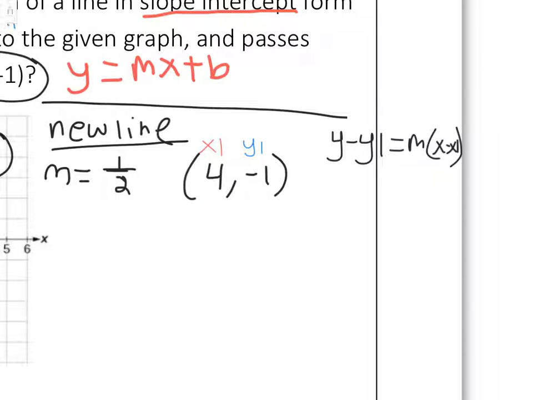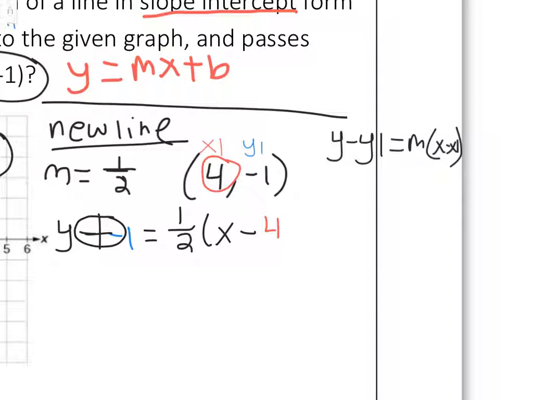Writing an equation from this, we have our x1, y1, and our slope, or m. Put the minus sign first, then -1, because it's subtracting the y coordinate, which is -1. Subtracting -1 turns into +1, so you can circle that and put +1. That is equal to the slope, 1/2, times (x, put the minus sign first, then 4).